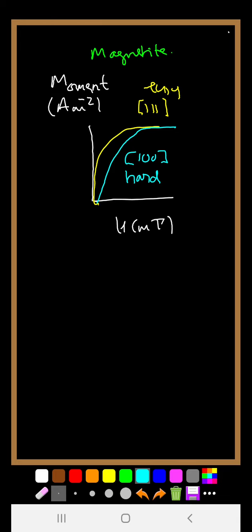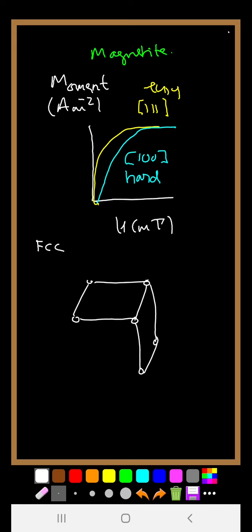So if you look into the crystal structure, it is basically an FCC. This is how the structure is, with atoms at the 6 faces.